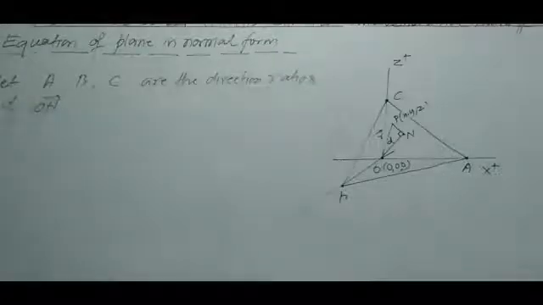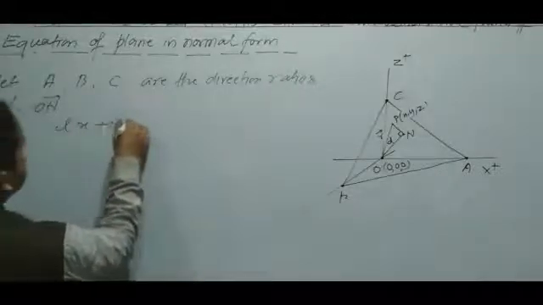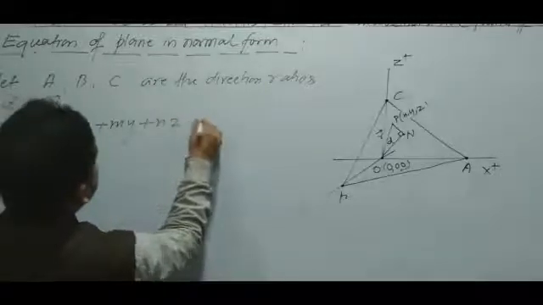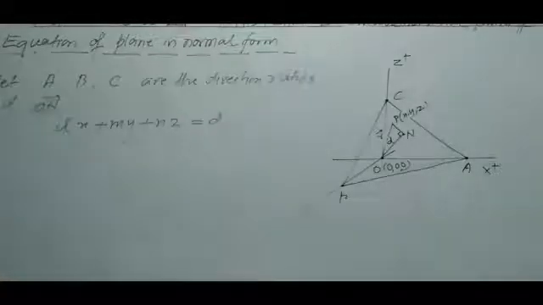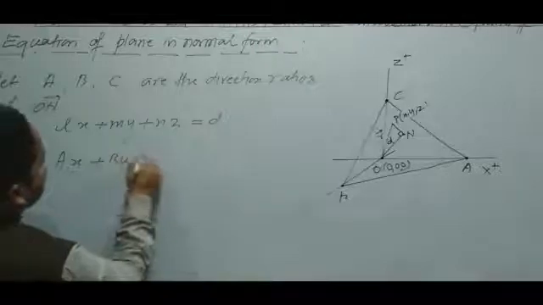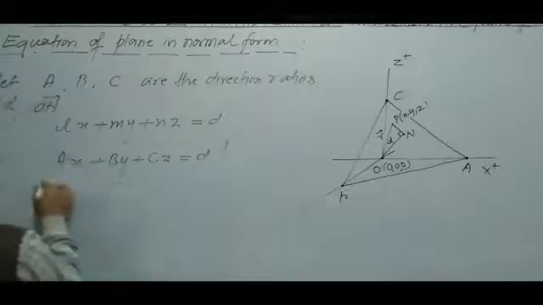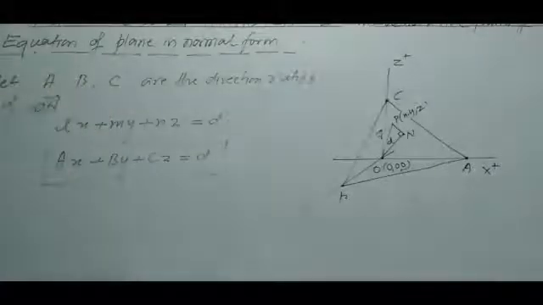So what we can say, this equation lx plus my plus nz is equal to d we can change in terms of Ax plus By plus Cz is equal to d. This is the Cartesian equation of plane.